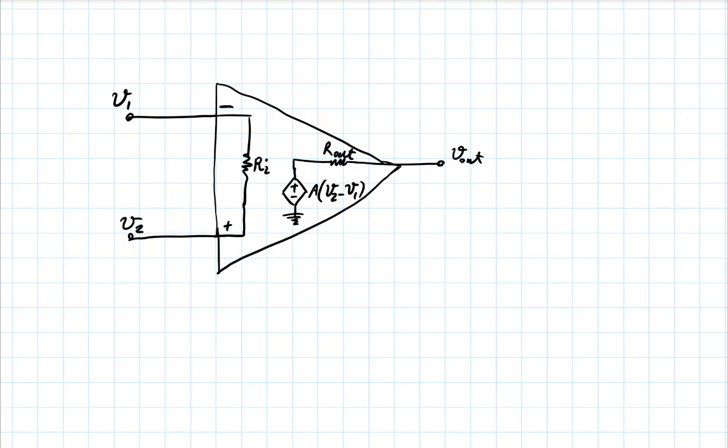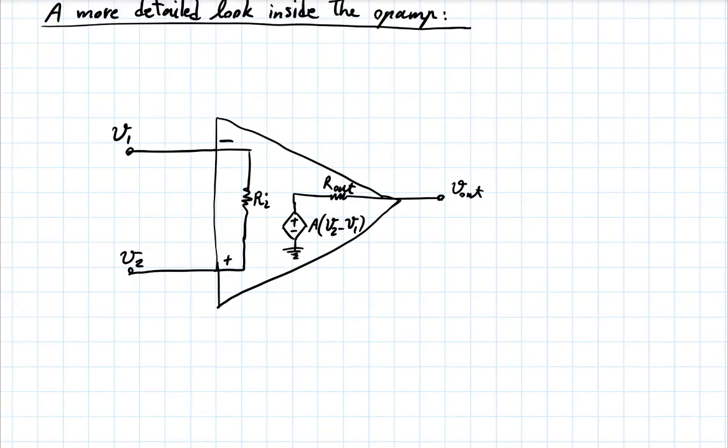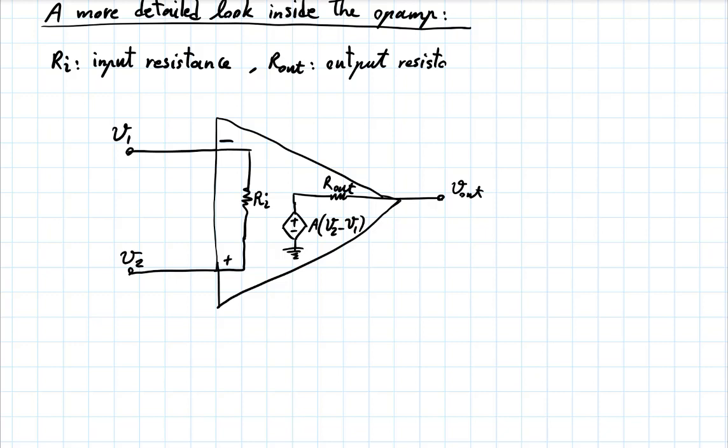So let me just write down that we call this Ri, input resistance, Rout, output resistance, and A is the gain.